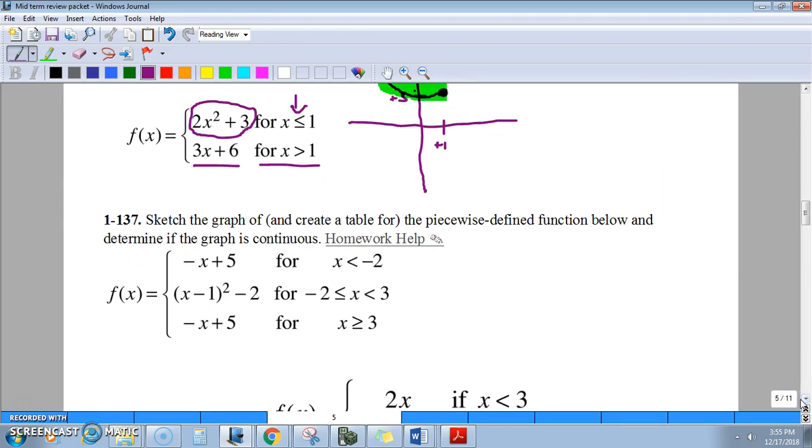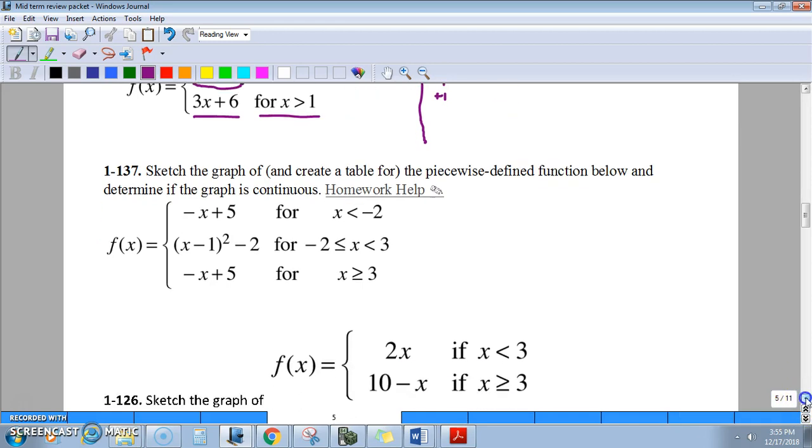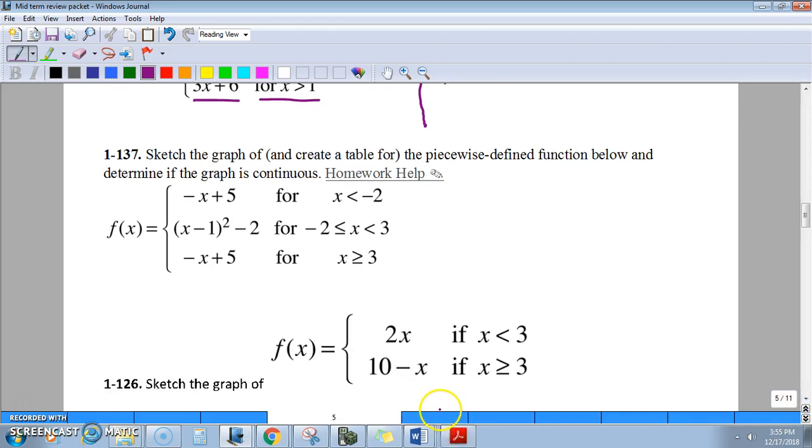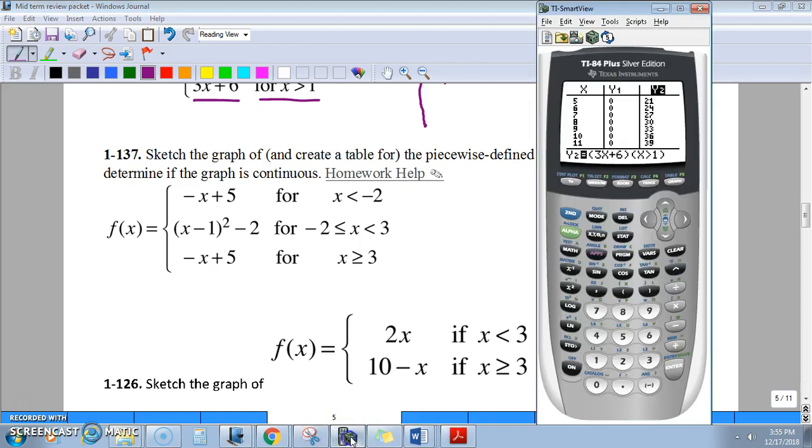Sketch the graph and create a table for the piecewise function defined below. So let's practice this. We'll go to the y equals and parenthesis negative x plus 5 parenthesis, where x second math is less than negative 2, and that's the first equation and domain on my piecewise function there.